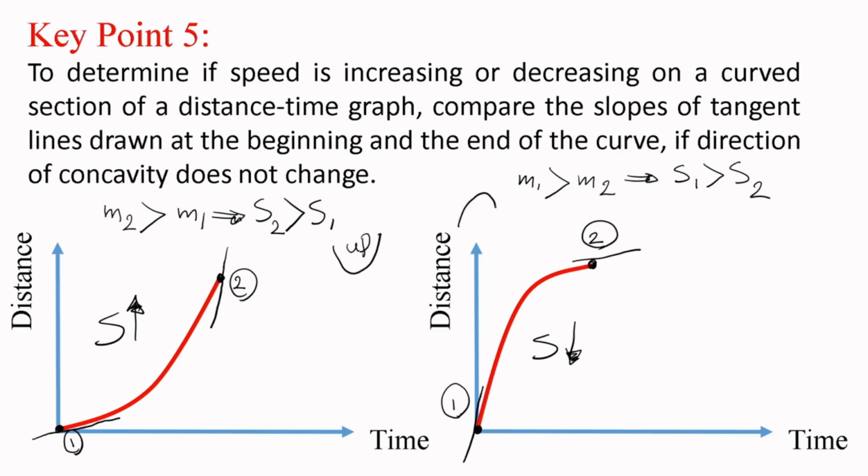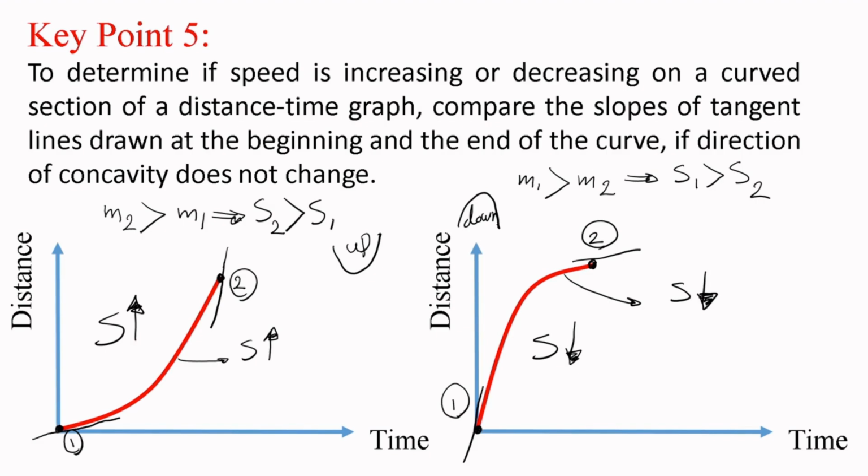And when it is like this, the concave is down. It spills the water. When on a distance time graph the concave is up, it means the speed is increasing. And when on a distance time graph the concave is down, it means the speed is decreasing. Some students prefer to apply this method because this is easier for them.